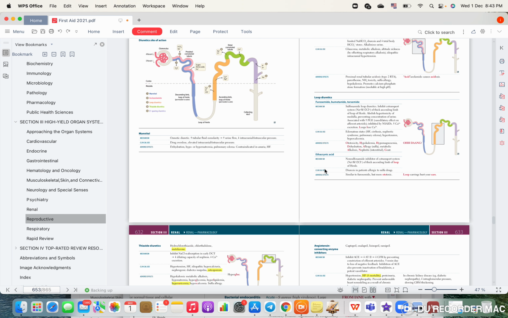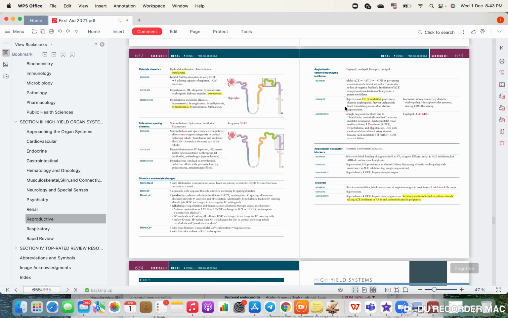Okay. What about ethacrynic acid? Do we consider it to have a side effect? Really serious one. Yes, it's highly ototoxic. Speaking about thiazide, can you tell me please, what will happen to the calcium level in the body?